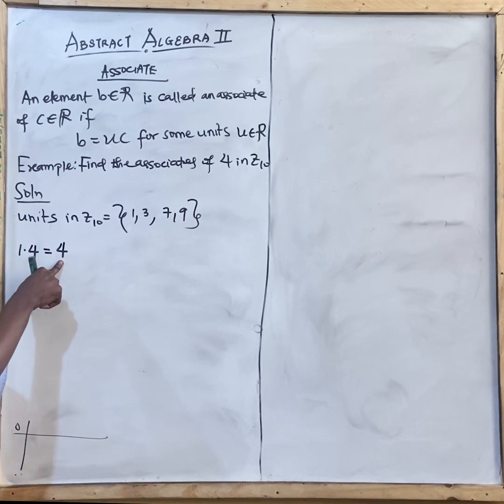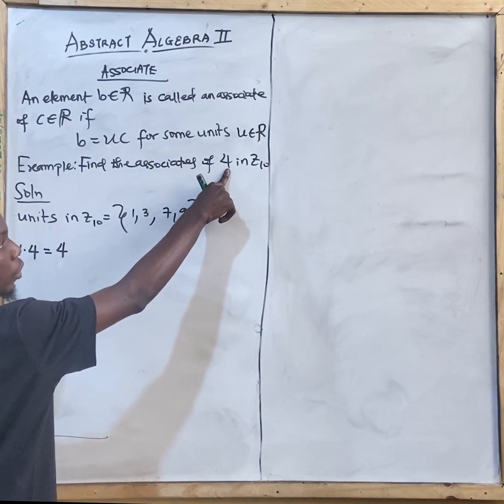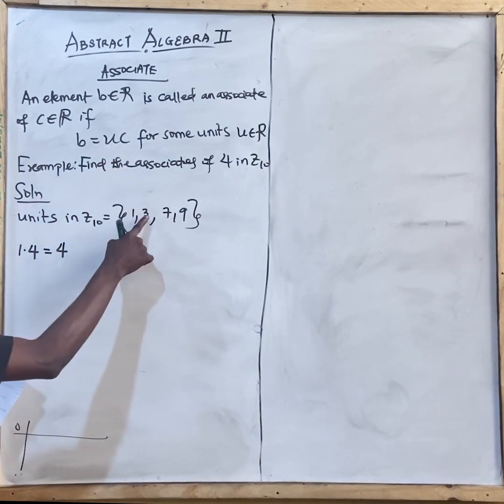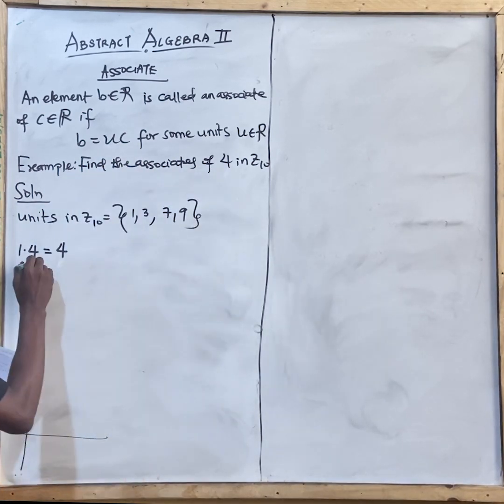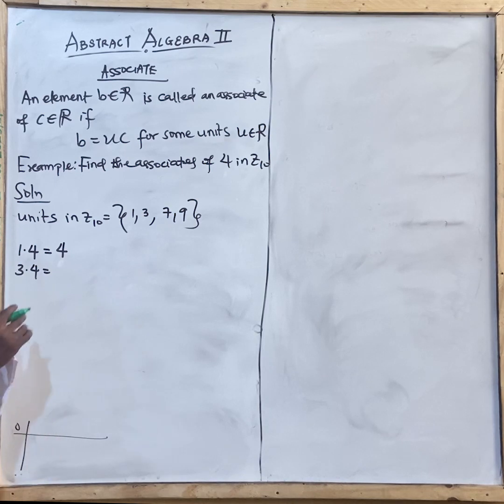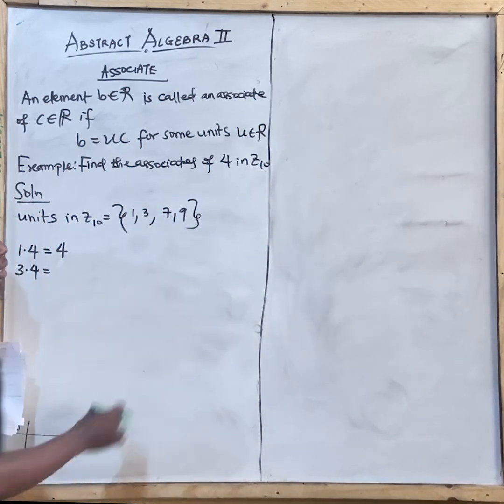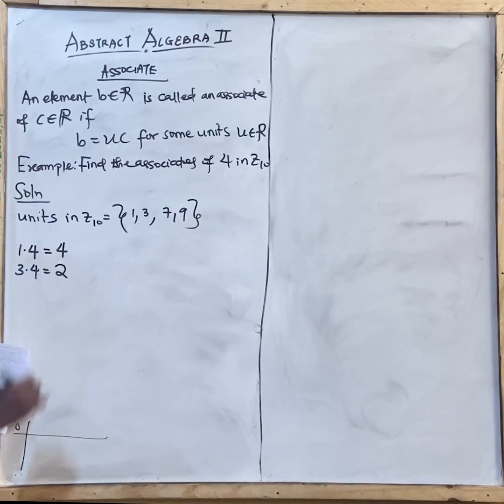This is one associate of 4 in Z10. The next one I pick is 3 times my C, which is still 4. 3 times 4 will give me 12, but 12 in Z10 will be remainder 2.